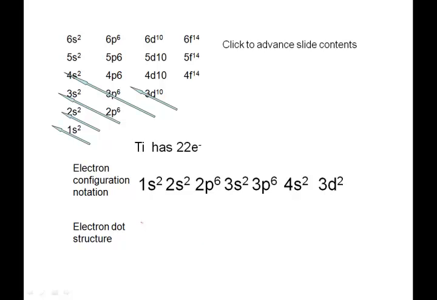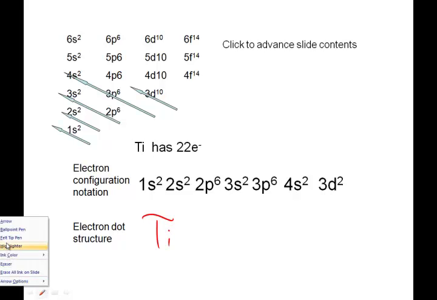It is Ti, and there are the highest energy level electrons, so it also only has 2 valence electrons. And so what you will find out is that we never get more than 8 electrons in the electron dot structure of one of these atoms.